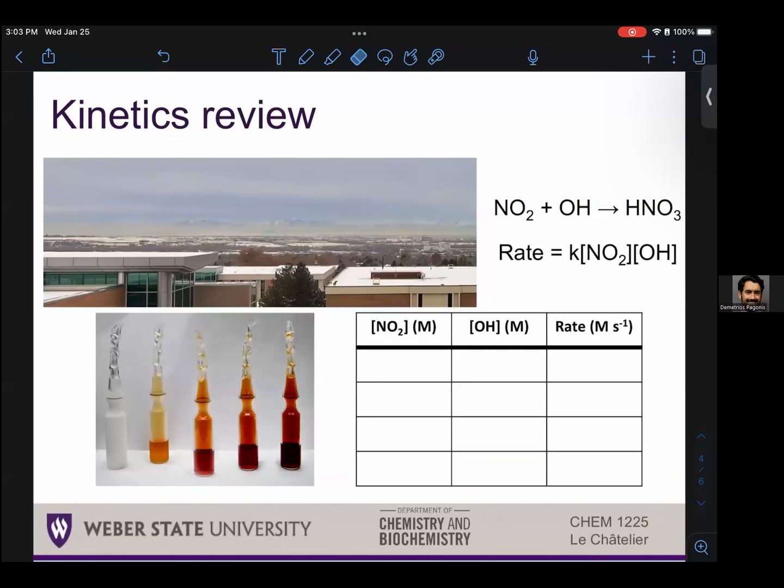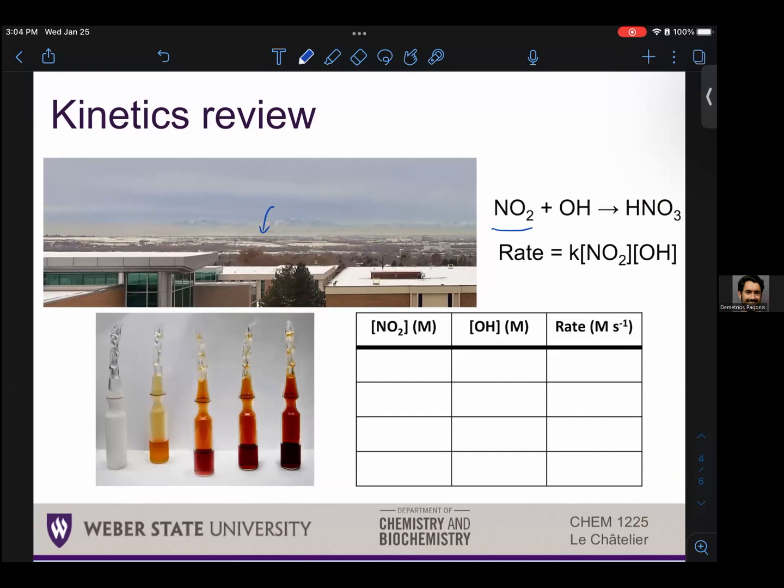All right, we're going to get into a very quick kinetics review to get you ready for lab this week. And we're going to use an example here of nitrogen dioxide, NO2. This is the gas that gives polluted air its brown color. So one of the ways that you get NO2 out of the air is you react it with a hydroxyl radical, and that makes nitric acid as your product.